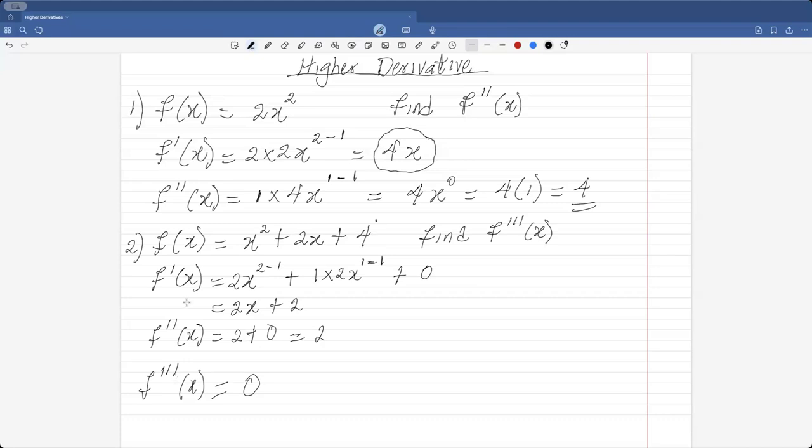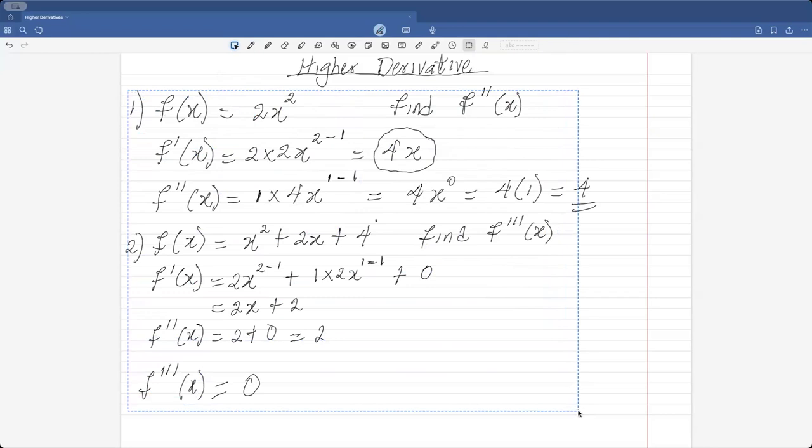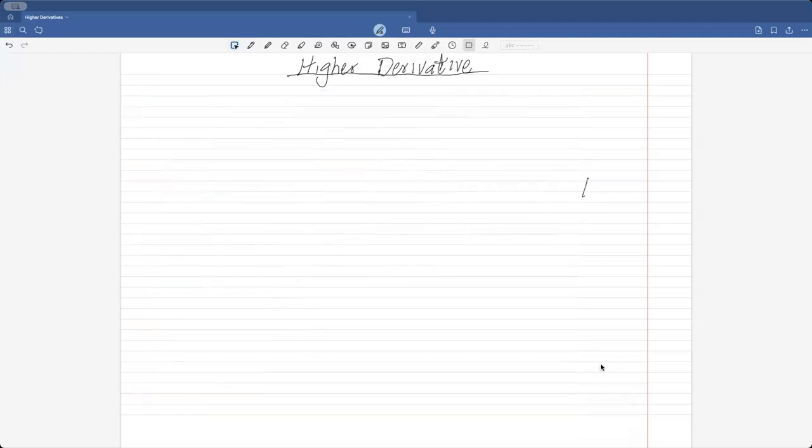So let's solve another question. So let's say we have a function that says f(x) equals 4x squared plus 2x plus x.